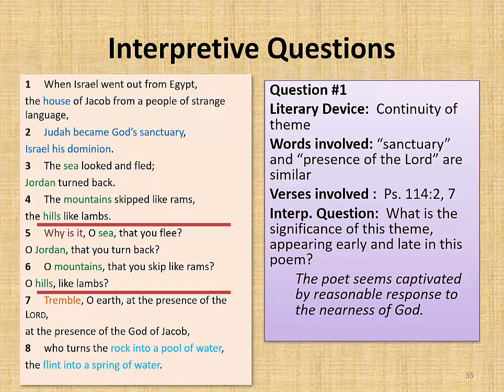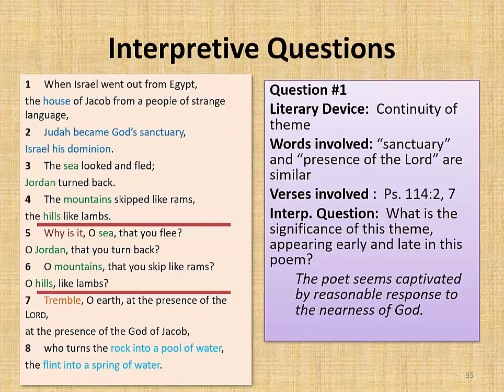The poet seems captivated by reasonable response to the nearness of God. Notice that God showed up in verse 2, and then there's a response in verses 3 and 4, a response in physical creation. God shows up in verse 7, and there's a response, a trembling, O earth, at his presence.